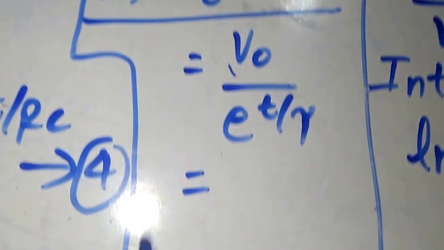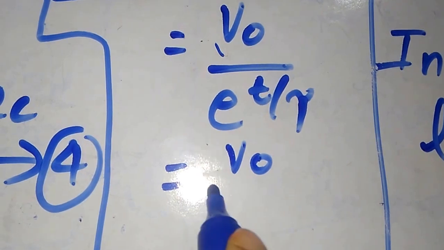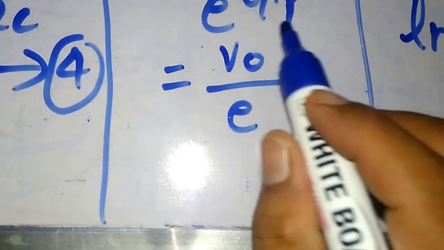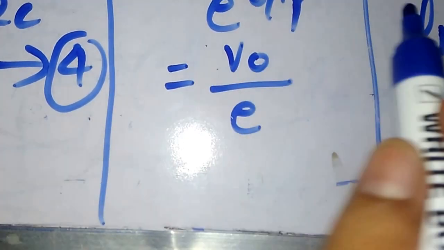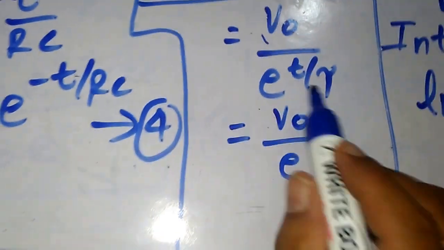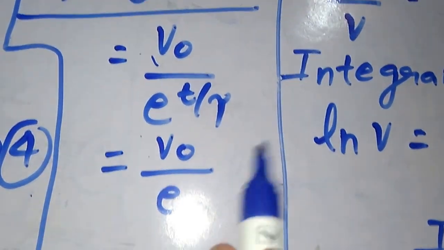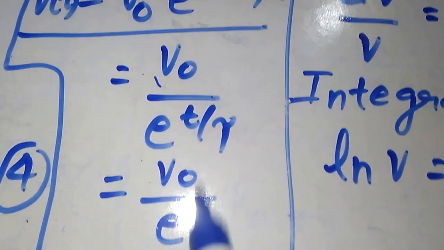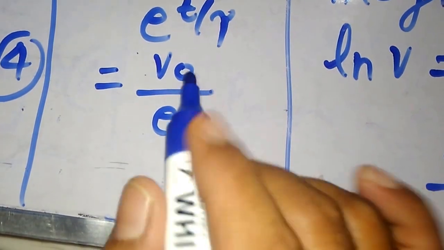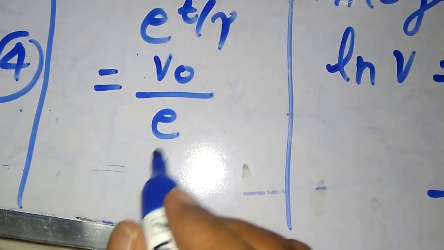Suppose t is equal to tau, then you get V naught by e, since t and tau get cancelled. So for t equal to tau, the voltage across the capacitor decays by a factor of 1 by e.